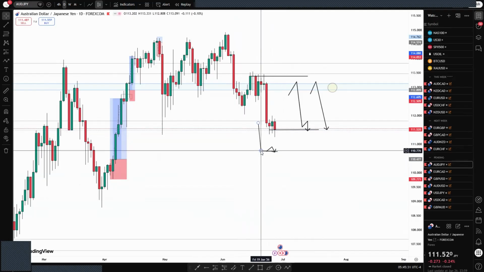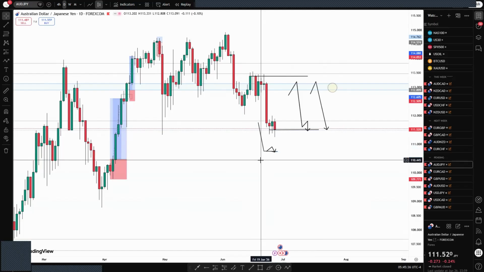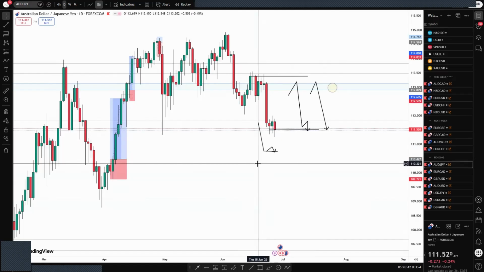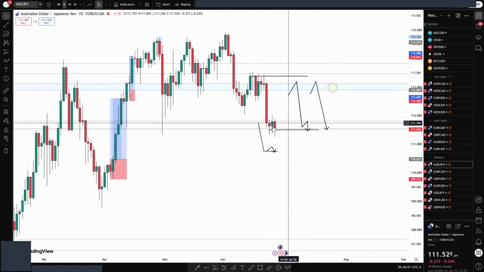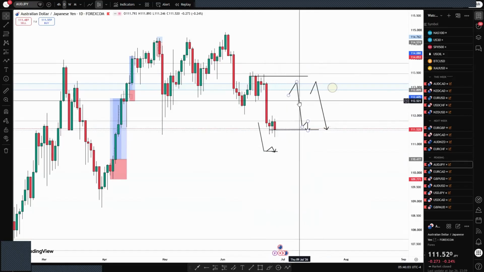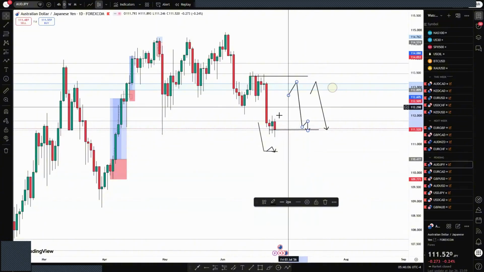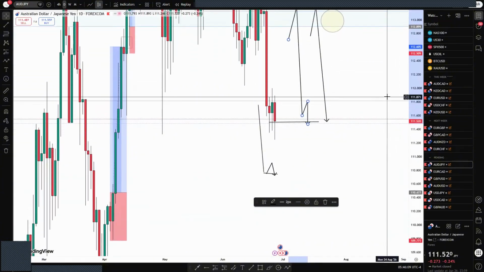So, what can we do now in this case? Since we failed to make a move, since below, if we accept that there is no new lower low and lower high, I just don't like the way this one is looking.